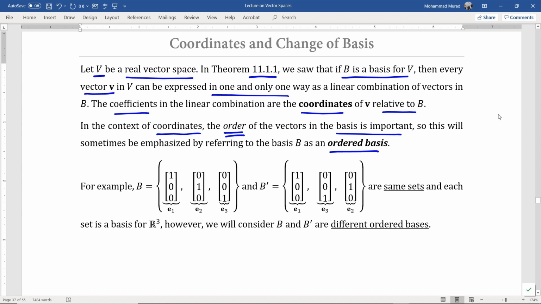For example, if B is a set of these three vectors and B prime is a set of these three vectors, they are in fact the same sets, and each set is a basis for the vector space R3. However, we will consider B and B prime as different ordered bases.